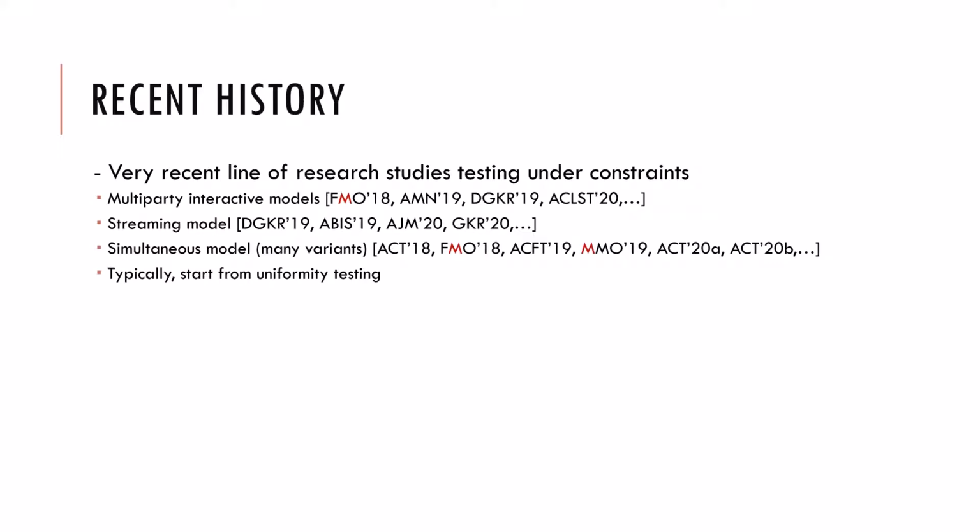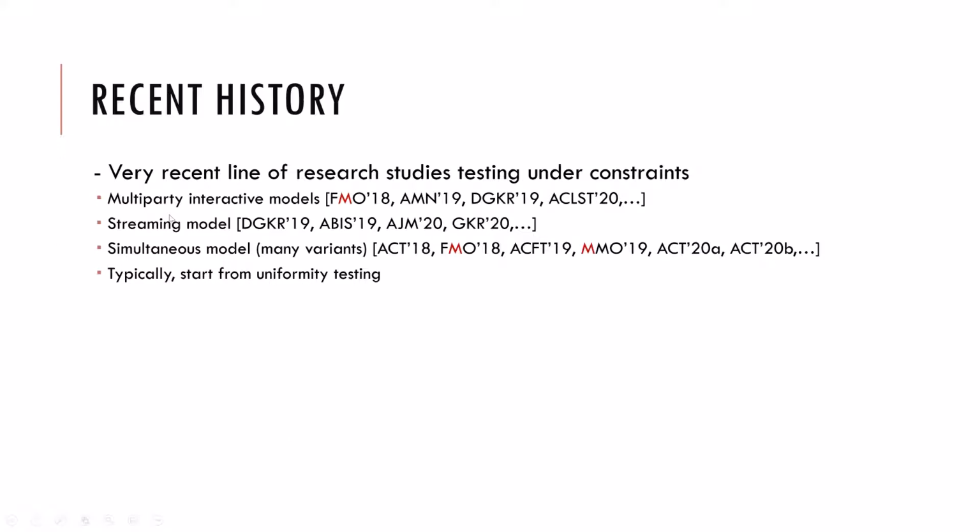Okay, so let me jump back to the present, to some recent line of work about distribution testing. This line of work considers distribution testing under constraints or in various models, and not necessarily the standard classic models that we're used to. Let me just quickly go over some models that are considered lately.